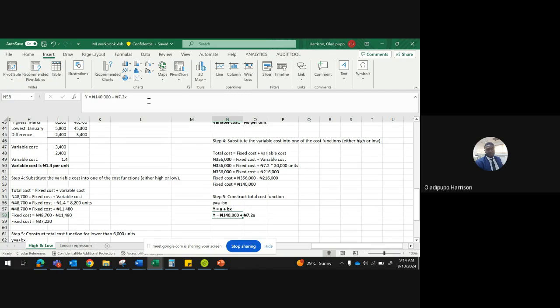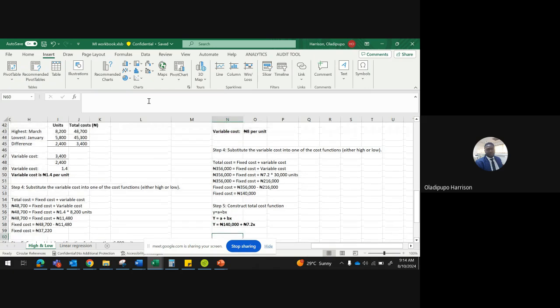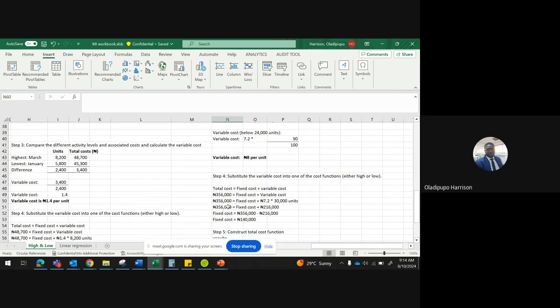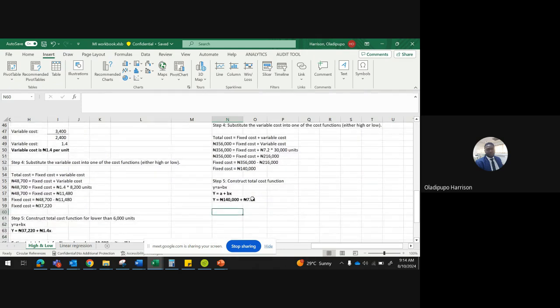That is for the ones above 24,000 units. For the one below 24,000 units, how is it going to be? So let that one be an assignment for you.